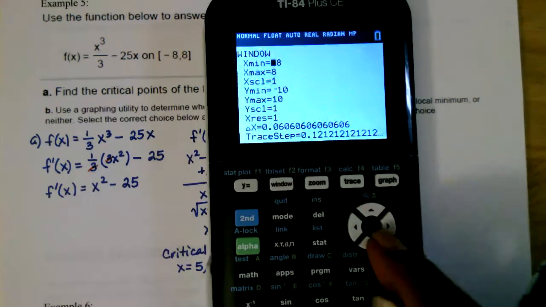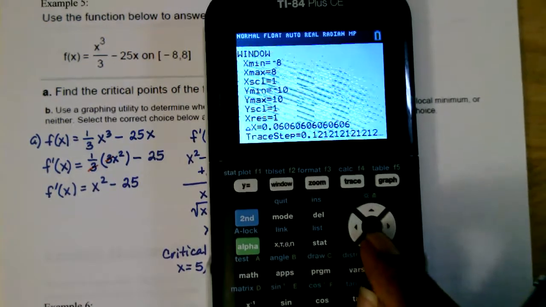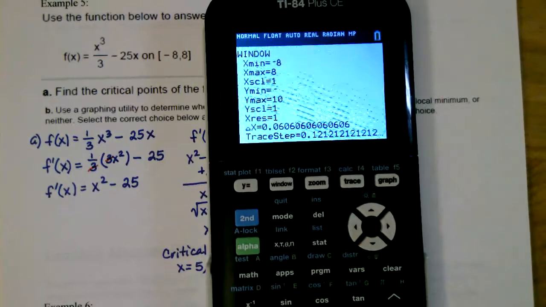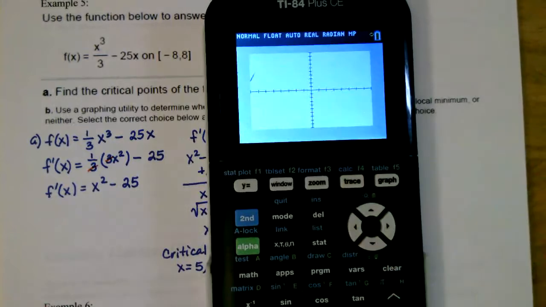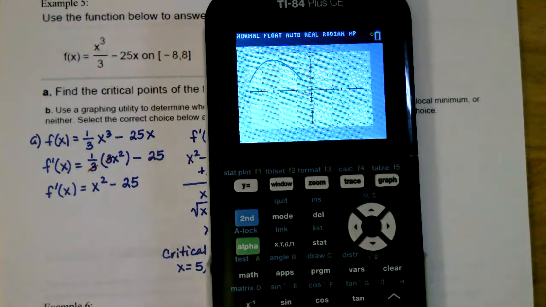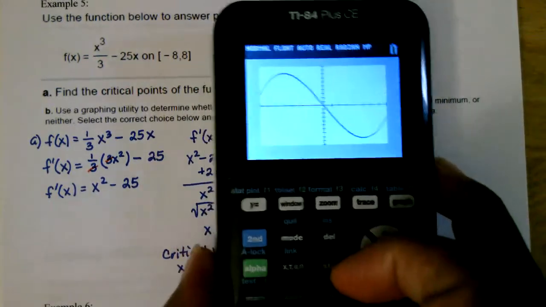All right. Let me change the window for the y max. I'm going to do -100 to 100. And then the y scale will be 10. There we go. So now you see what that graph looks like.